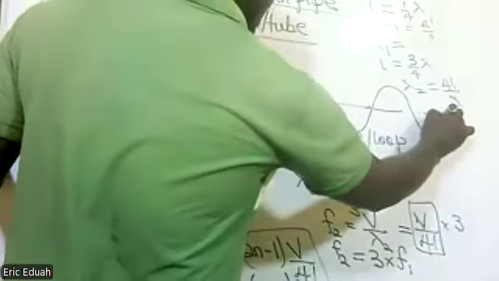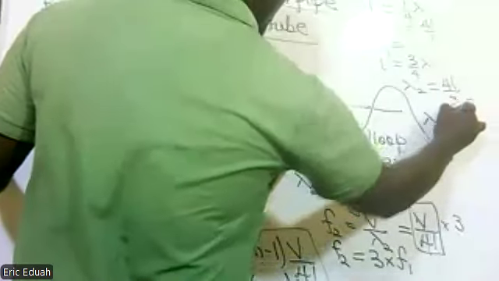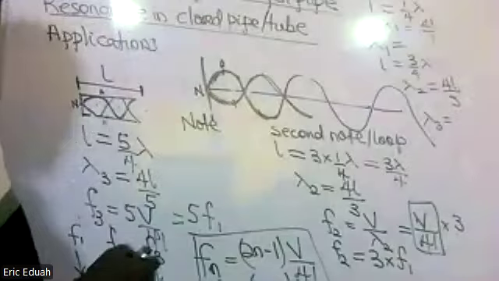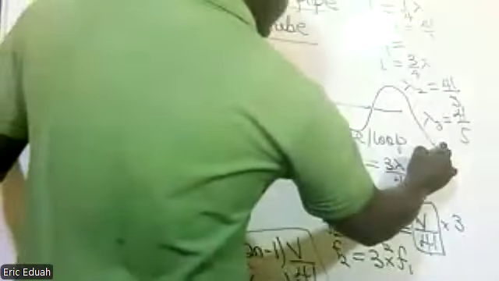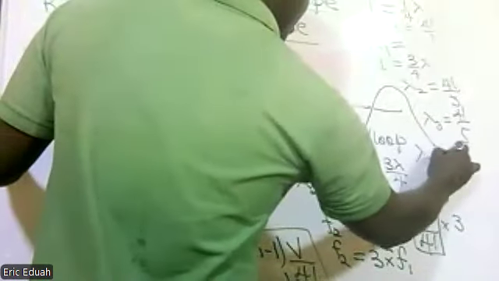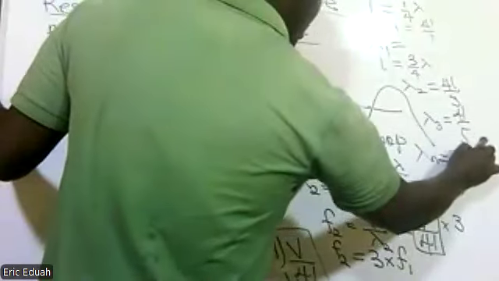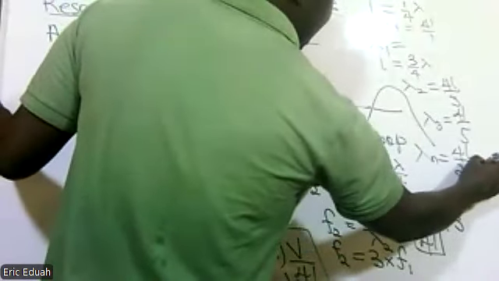Lambda 3 also gave us 4L on 5. Therefore, the nth wavelength would also be 4L on 2n minus 1.